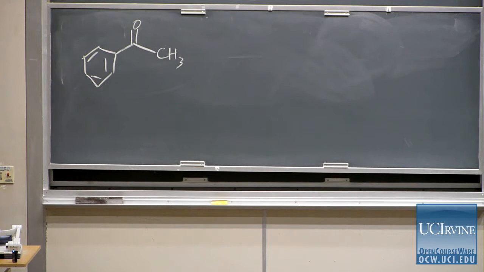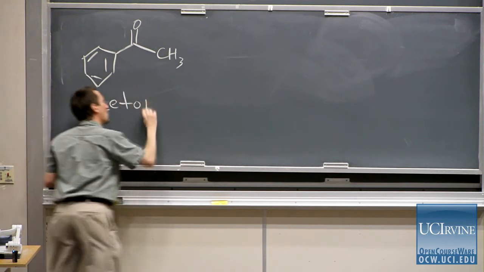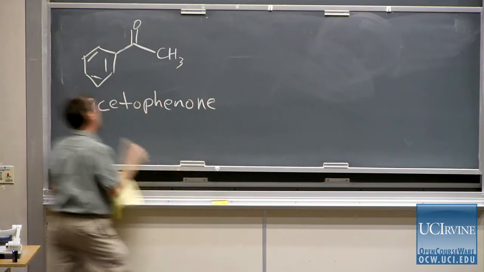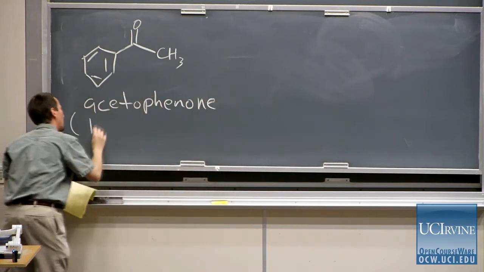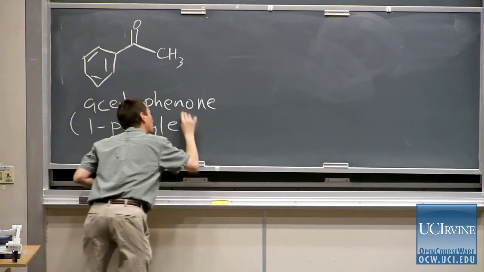The IUPAC name for this compound is 1-phenylethanone, but nobody is going to call it that. Everyone's going to call it acetophenone because it's one of these compounds where the common name just really dominates. So I'll write out the systematic name just as a reminder.